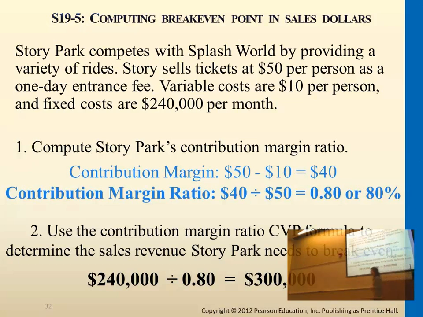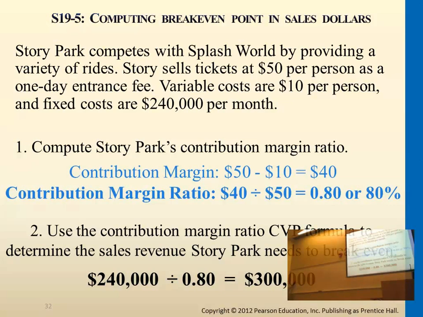So depending on the problems you see in the chapter, the homework, or different questions, if the problem asks you for break-even sales in units, you can go to this shortcut formula. If they ask you what the sales in dollars is, then it's better to calculate the contribution margin ratio. It's quicker to get to the break-even sales in dollars.